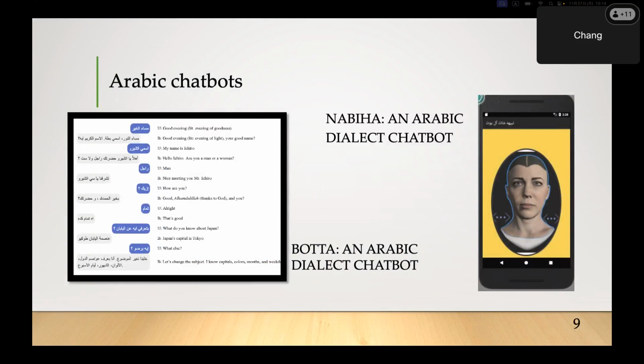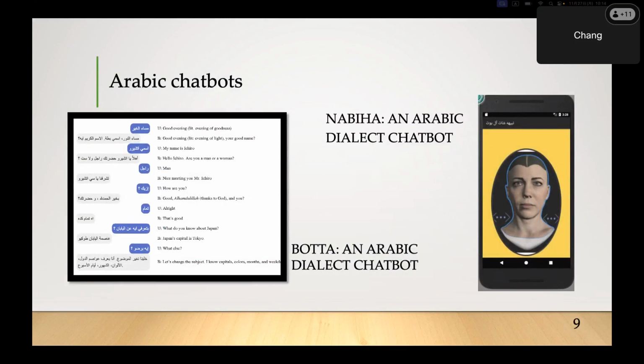Some researchers are working on creating dialect-aware chatbots. In 2016, Botta, a conversational companion that uses the commonly understood Egyptian Arabic dialect to simulate friendly conversation with users, was created.